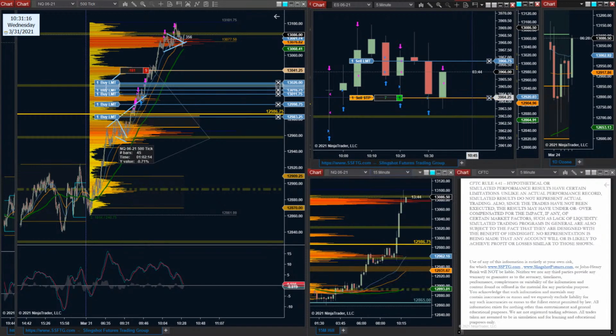Next target is 66.75. Target testing, no fill. Stop moves up to protect a point.